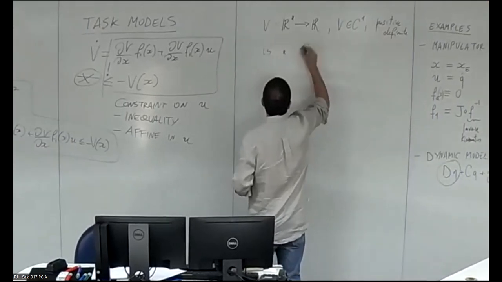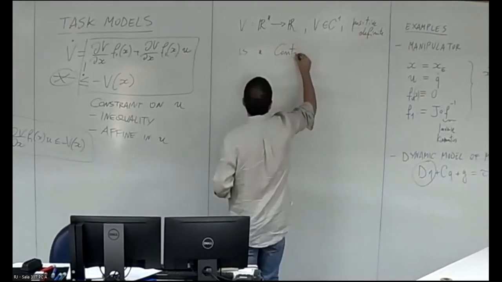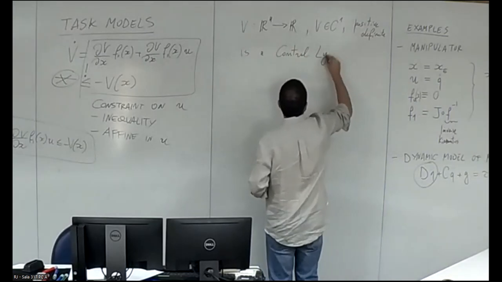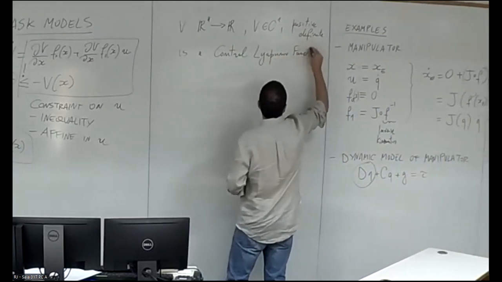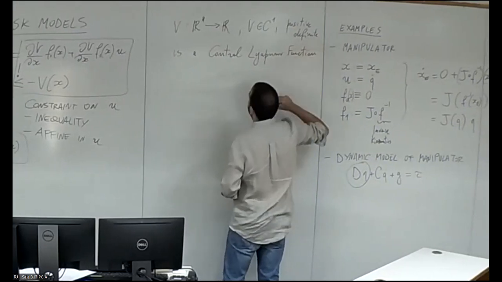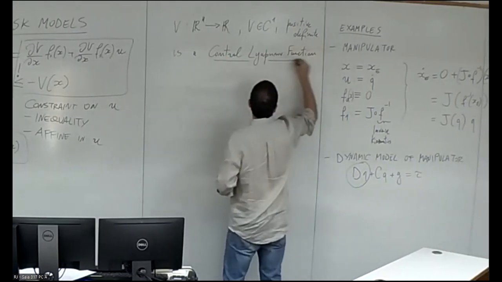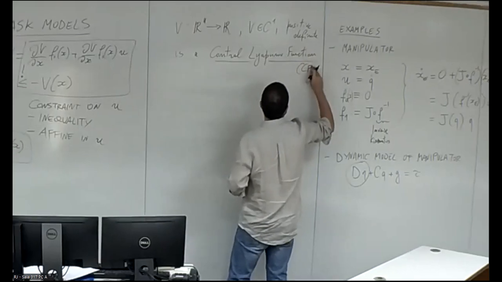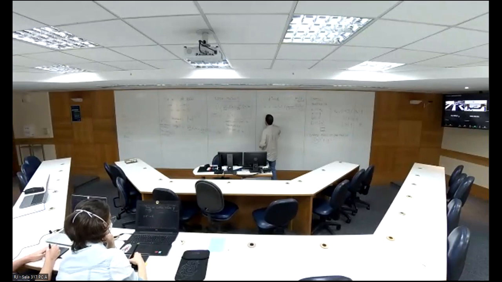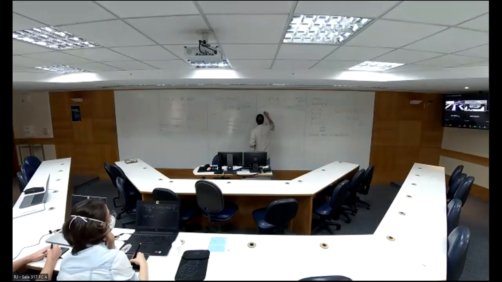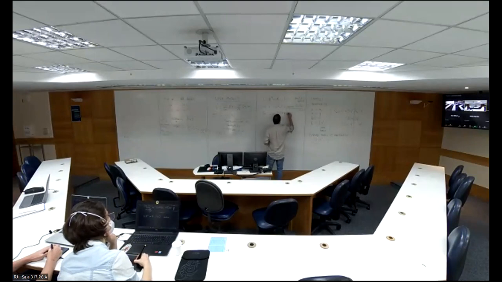But yes, V like that is a control Lyapunov function, sometimes abbreviated CLF, for the system where x dot equals f(x) plus g(x) times u.